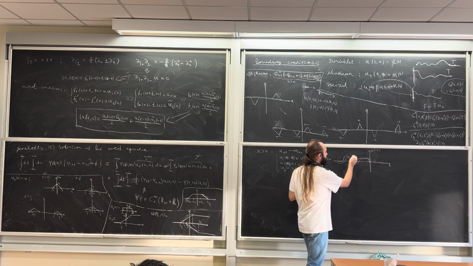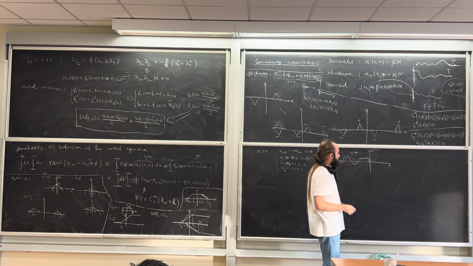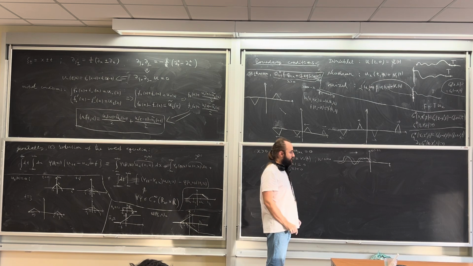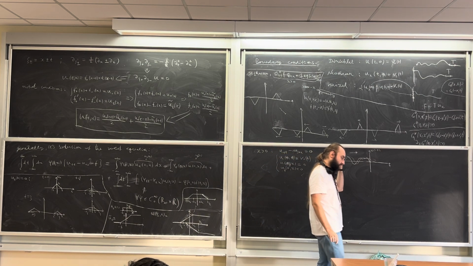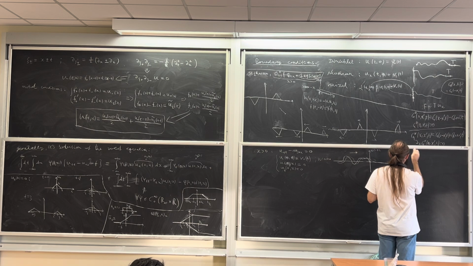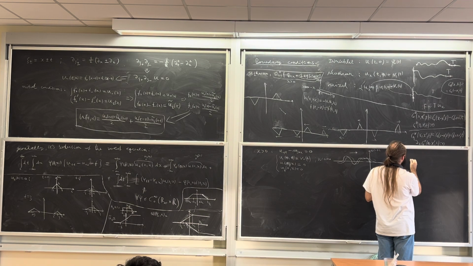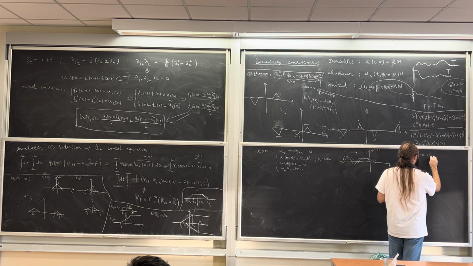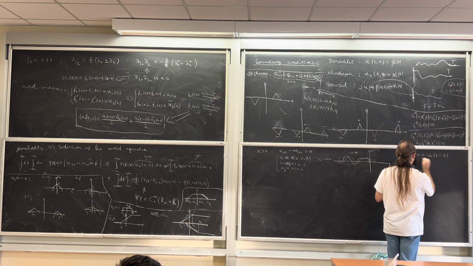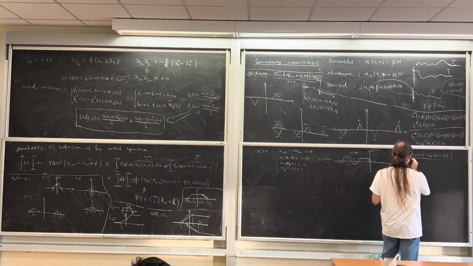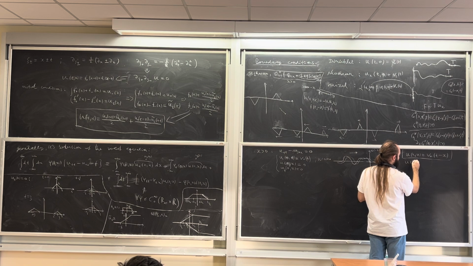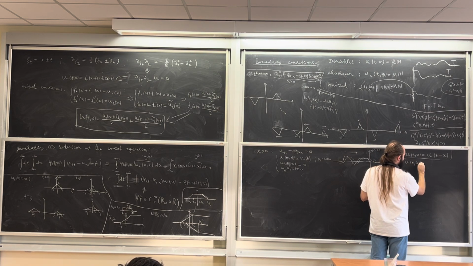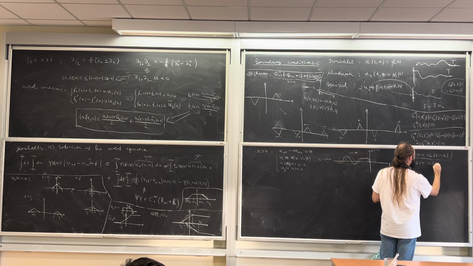It will be a wave moving in the right direction, v0 of t minus x. So u of t and x equals v0 of t minus x. We check that u of t and 0 is v0 of t.